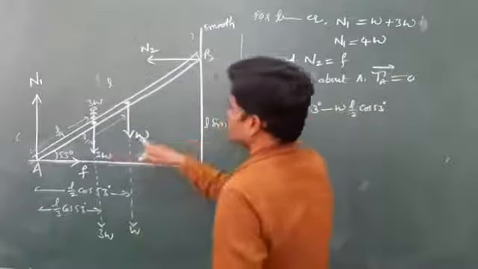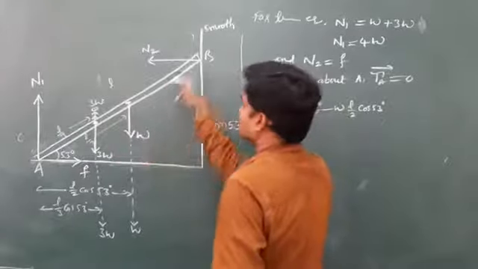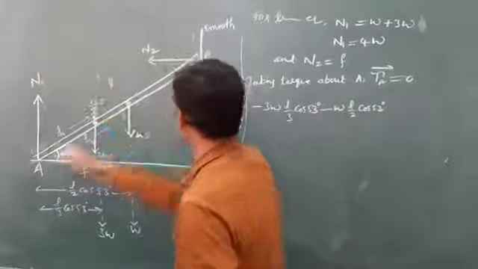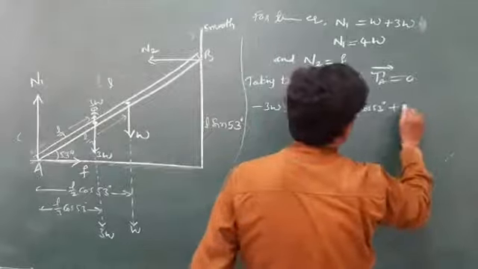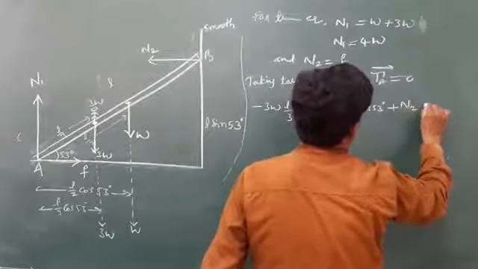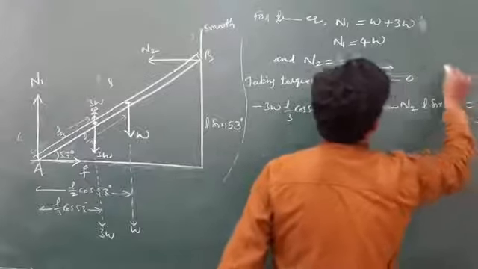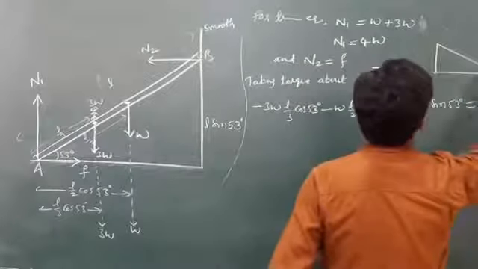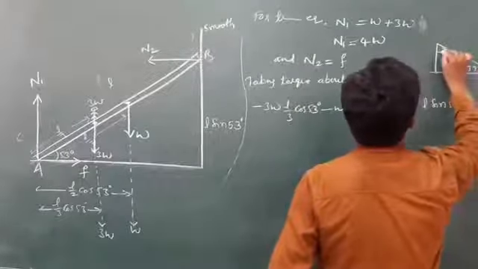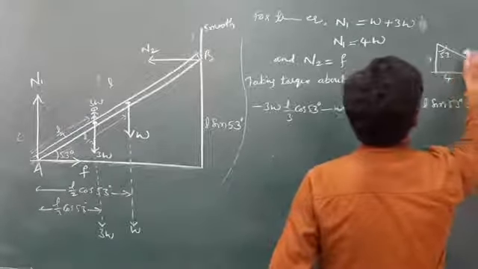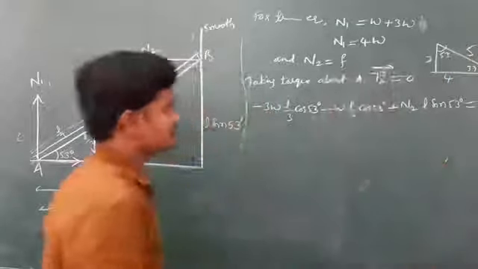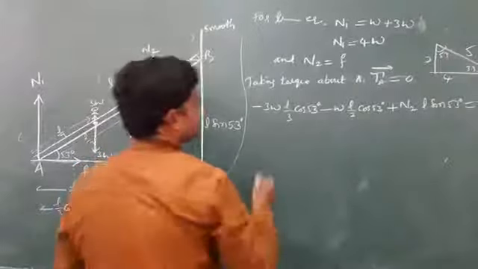So these two forces, nothing but weights, are completed, and for N2 about A, plus N2 L sin 53, which is equal to 0. Again, use the triangle system, 37, 53. So everywhere L is cancelled.